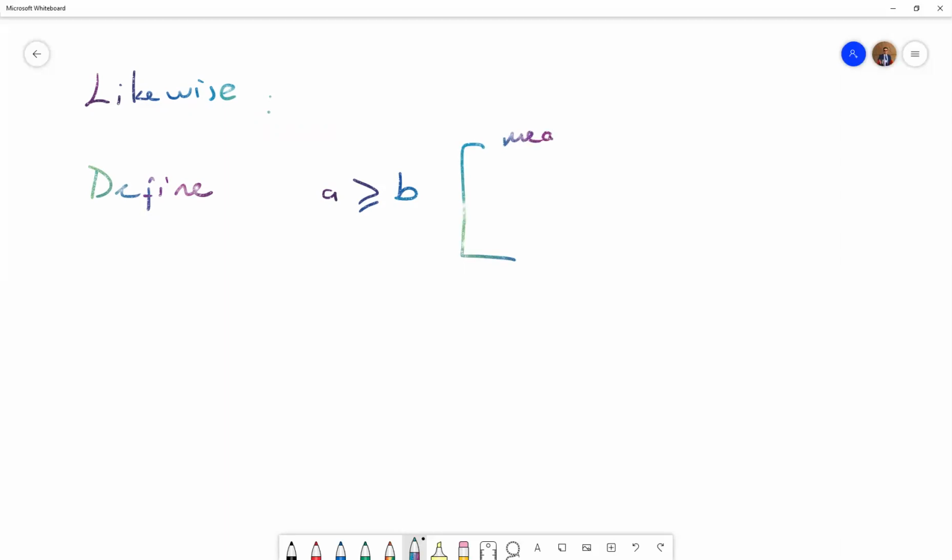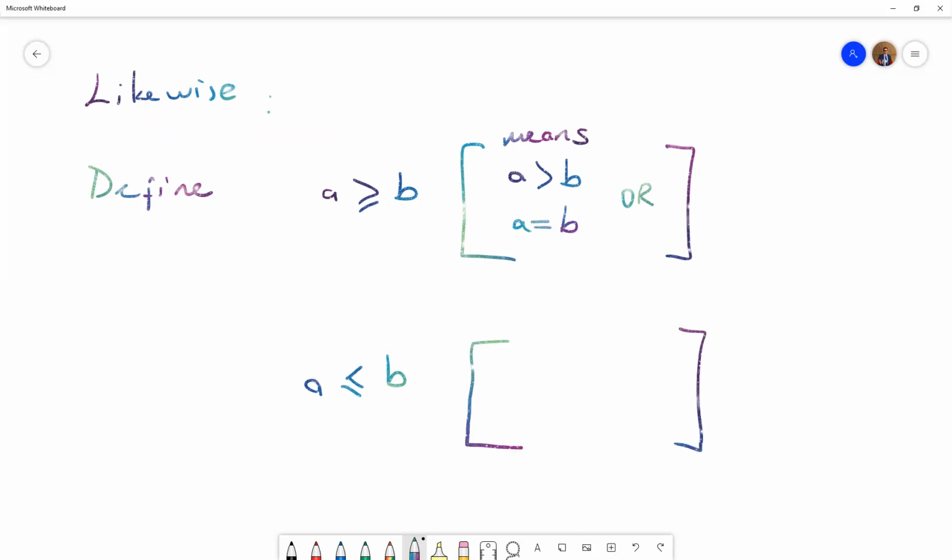This means A is bigger than B, or A is equal to B. And another definition: A is smaller than or equal to B means A is smaller than B or A is equal to B. We define it like that.